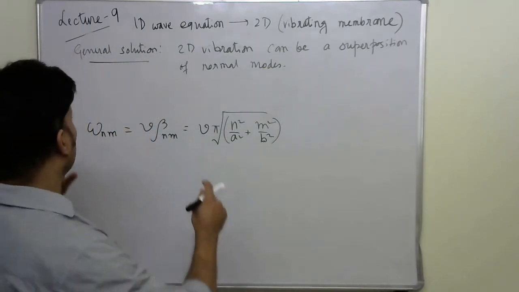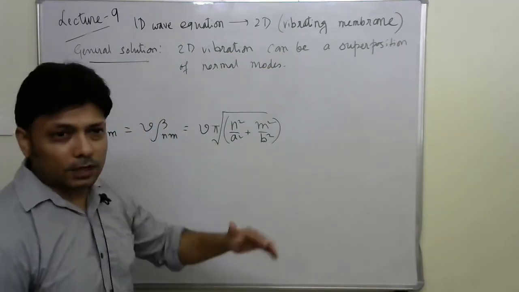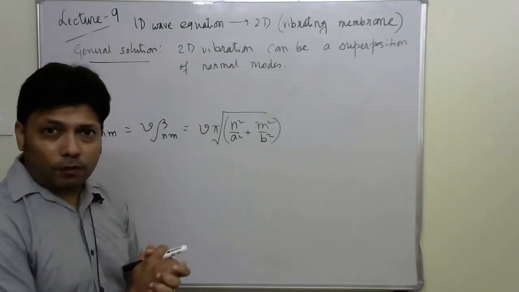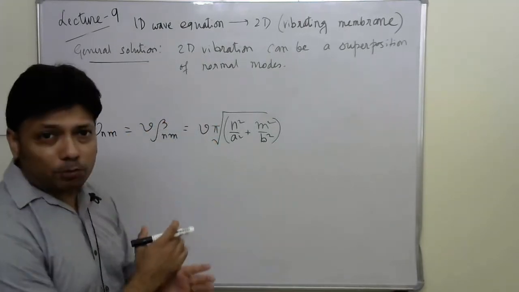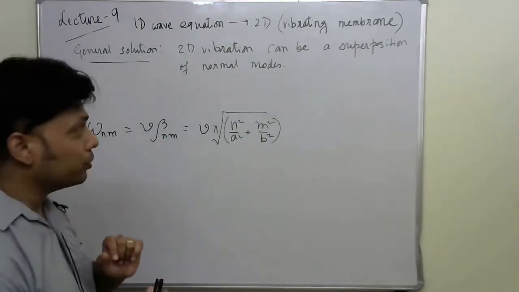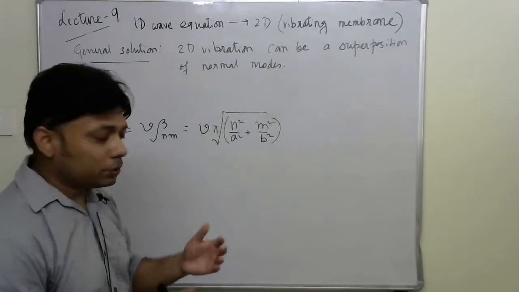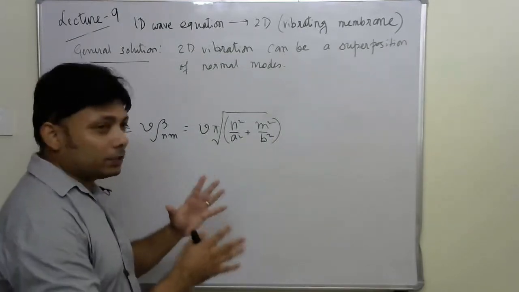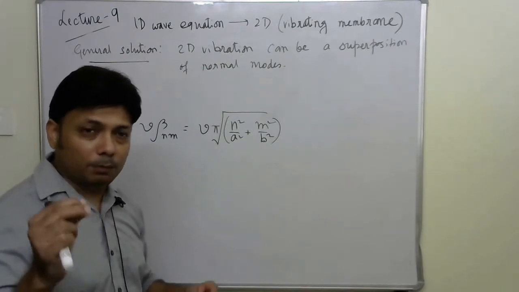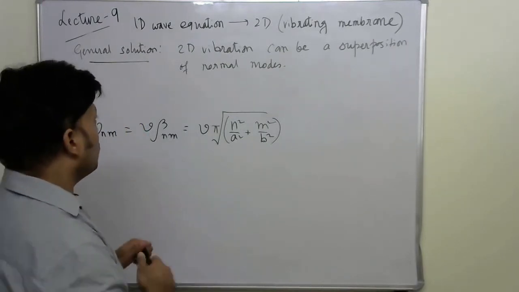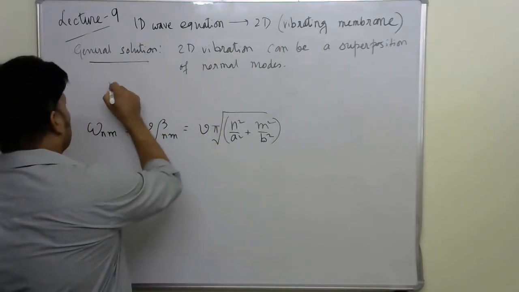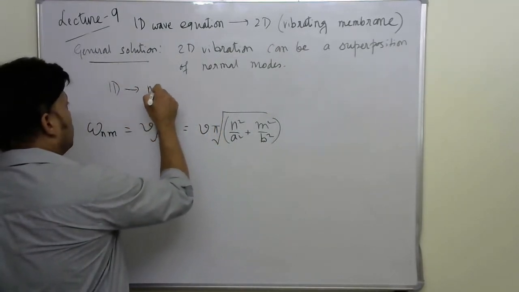From the nature of the general solution that we just found, it says that like one-dimensional vibration, the two-dimensional vibration can also be a superposition of normal modes. When we talk about normal modes, we mean some vibration corresponding to the numbers n equal to something and m equal to something. So for 1D vibration we have nodes, right?